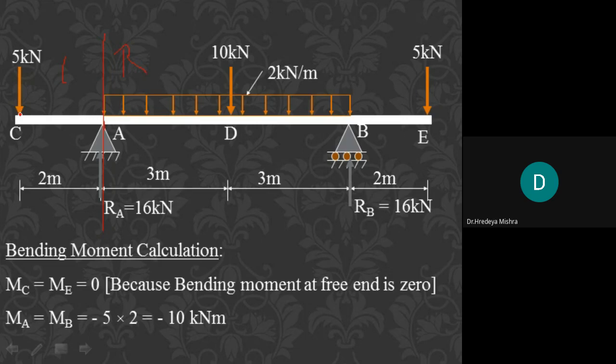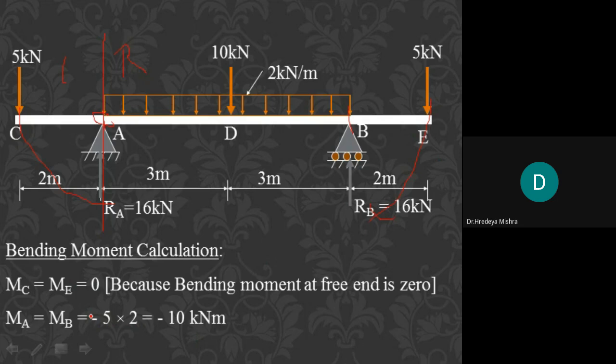So minus 5, see here, this is the A point and this load rotates like this. This is hogging. So this is minus 5 into 2. Similarly, see here, this is the fixed point and this is the position. So this is also hogging, so this is also minus. So both are the same.